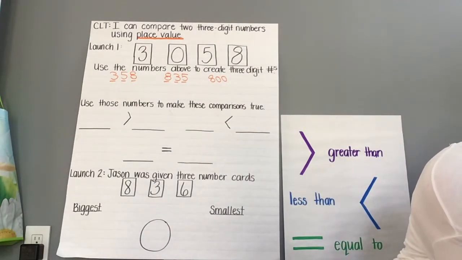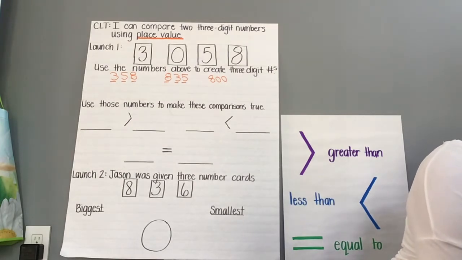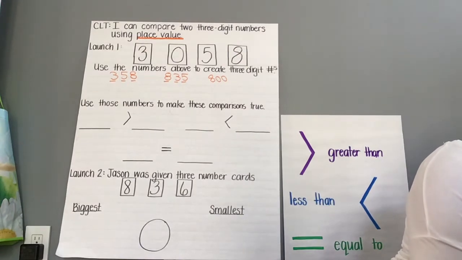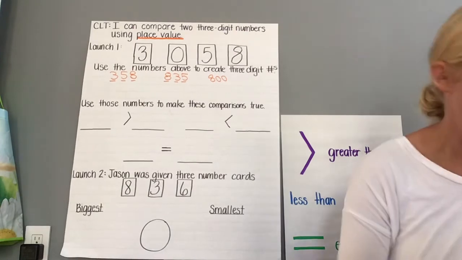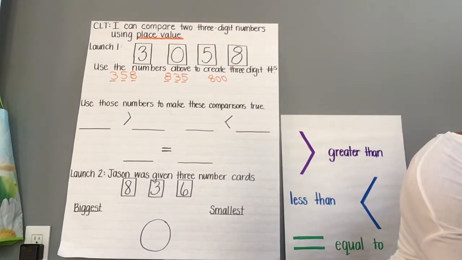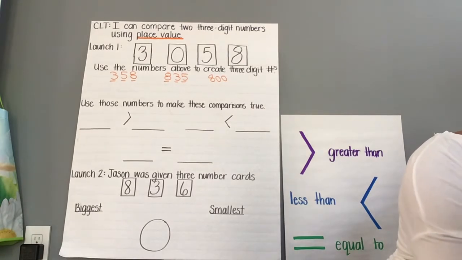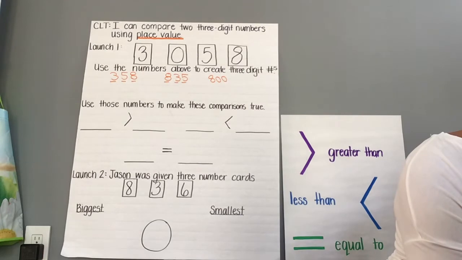How many digits is in your number? How much is your 5 worth when it's in that number? How much is your 3 worth? And your 0? That's right. Take a peek at those 3 numbers. How much is your 8 worth in that one? How about your 4? Or how about your 5?